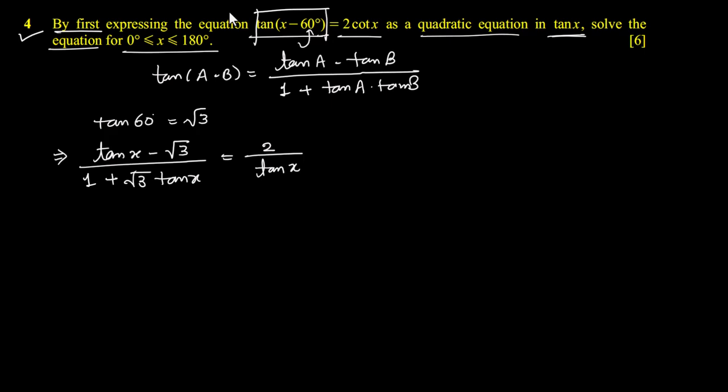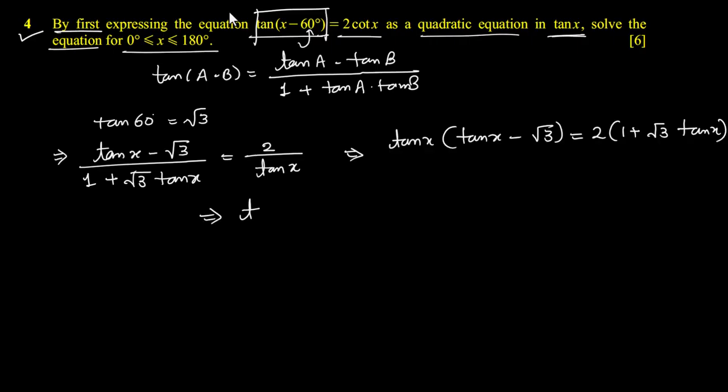And now I'll do the cross multiplication, so we get tan x times (tan x minus root 3) equals 1 plus root 3 tan x, and hence this can be written as tan squared x minus root 3 tan x equals 1 plus root 3 tan x, so I'll send this to the left hand side.